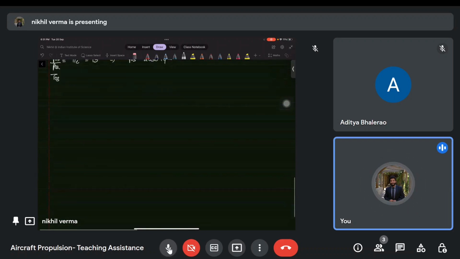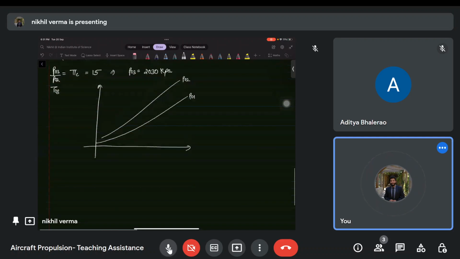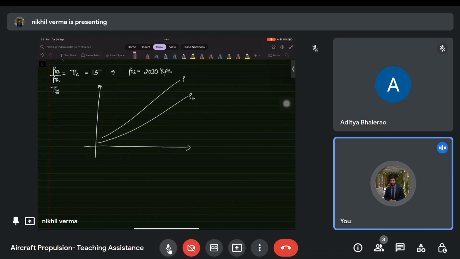For this, let us draw a TS diagram. This is your P naught 3, this is your P naught 2, and the compression ratio is given.